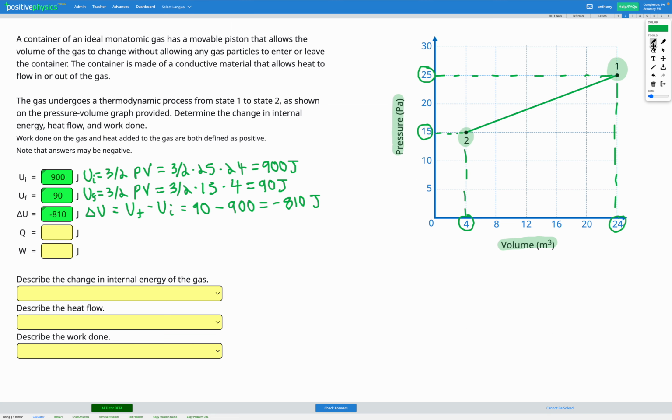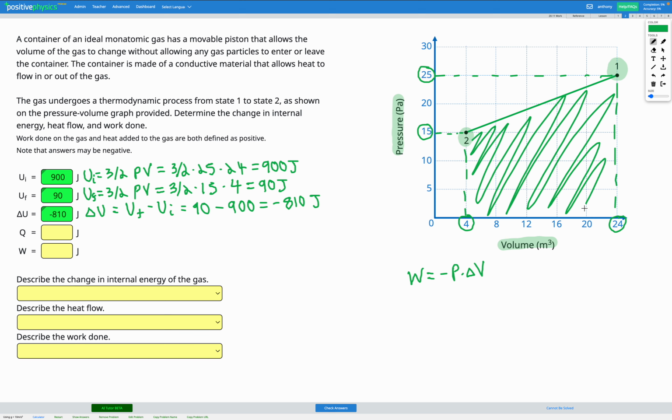So typically we use the equation W equals negative P multiplied by delta V. But that only works if the pressure is constant. In other words, if our line on our graph were a straight horizontal line, then we could use negative P multiplied by delta V. However, we don't have a straight horizontal line here. So we're going to be finding this area in here and using that to figure out our work.